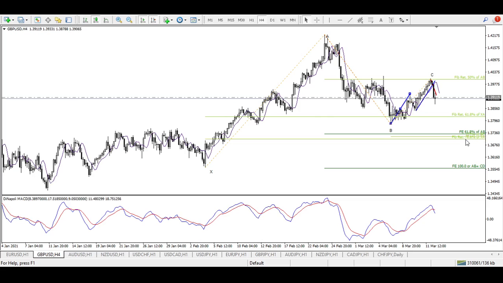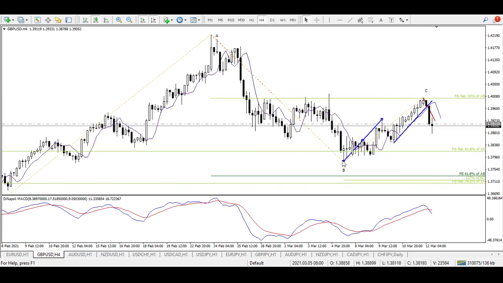One is 78.6% of this XA, another is 61.8% of this AB drawn from the C. So from C to this point, this length will be the AB, and from this to this length will be 61.8% of AB. Another way is to find out 127.2% of the BC, that is the total retracement. So total retracement is from this point to this point.